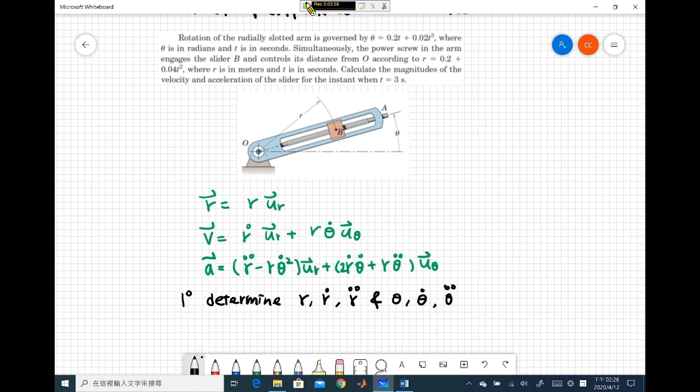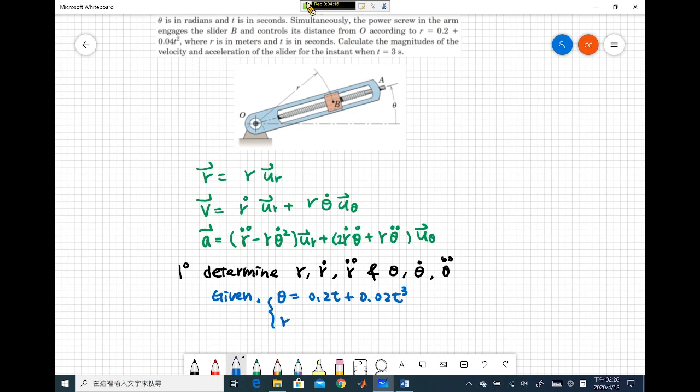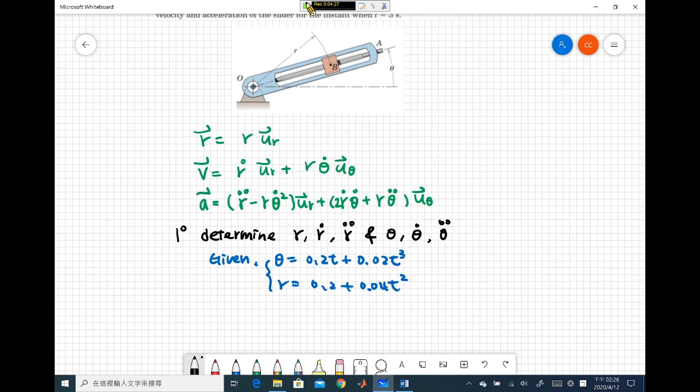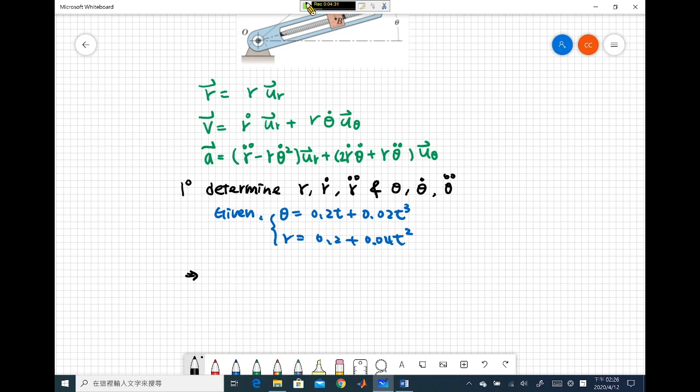So starting from the given conditions, theta is equal to 0.2 t plus 0.02 t cubed, and your r is equal to 0.2 plus 0.04 t squared. So let's quickly write this equation. Your r dot with respect to time is 0.08 t, r double dot is constant, 0.08.